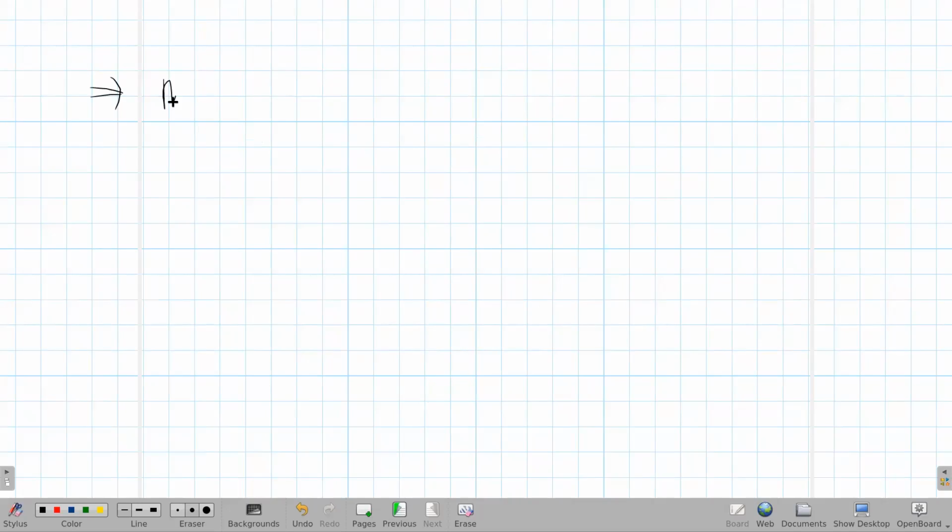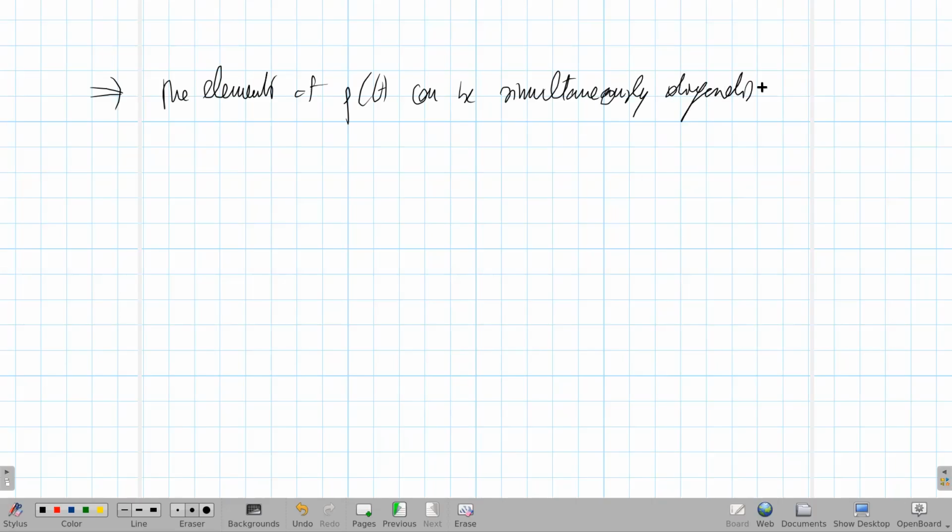This implies that the elements of rho(G) can be simultaneously diagonalized.